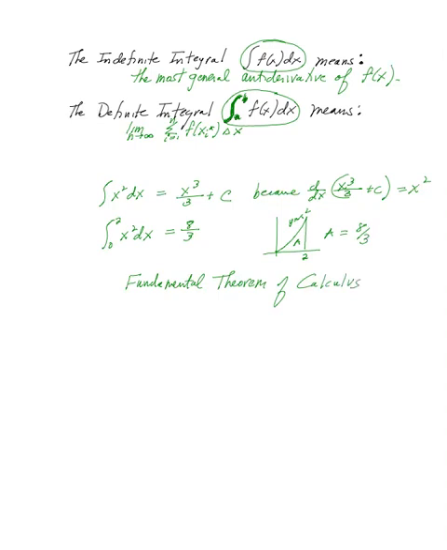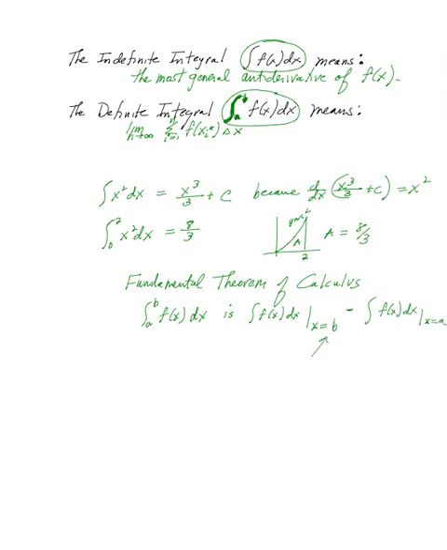It says the shortcut for evaluating a definite integral of f of x dx from a to b is the indefinite integral evaluated at x equals b minus the indefinite integral evaluated at x equals a.